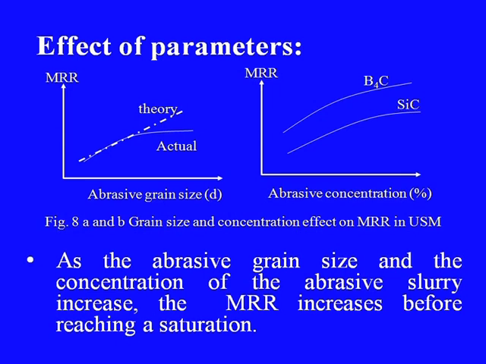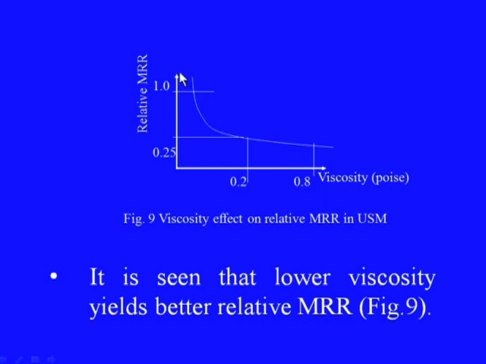Next parameter is the viscosity, we are talking about the slurry. Slurry is one of the important components in this system, and this particular characteristic shows that as the viscosity increases, the material removal rate decreases, which is quite possible because as the viscosity increases, the movement of the abrasive particles in this medium becomes sluggish.